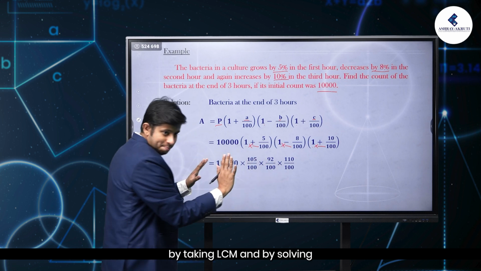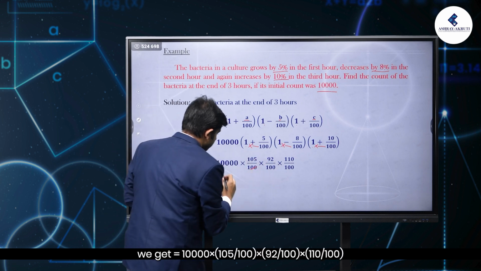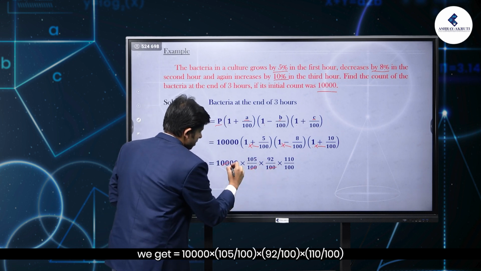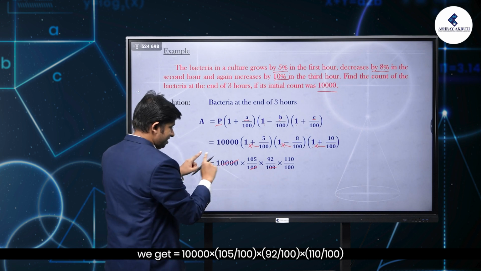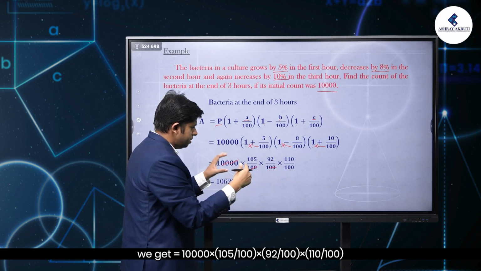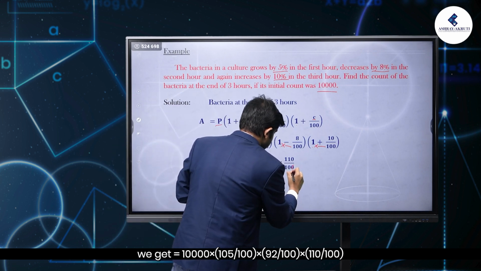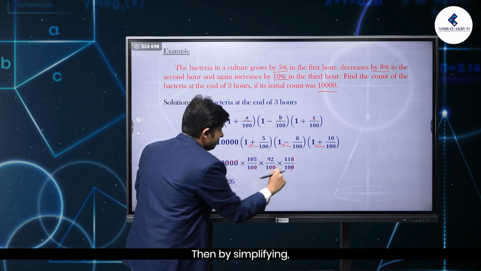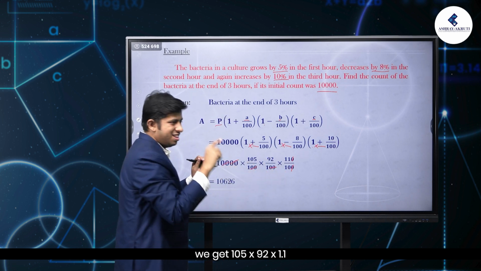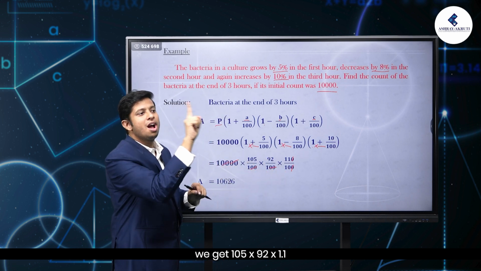By taking LCM and by solving, we get 10,000 into 105 by 100 into 92 by 100 into 110 by 100. Then by simplifying, we get 105 into 92 into 1.1.